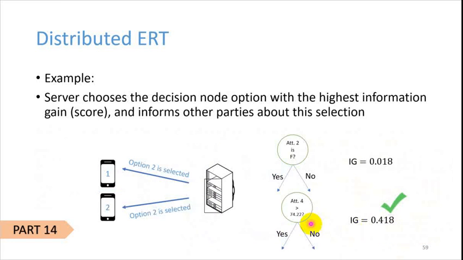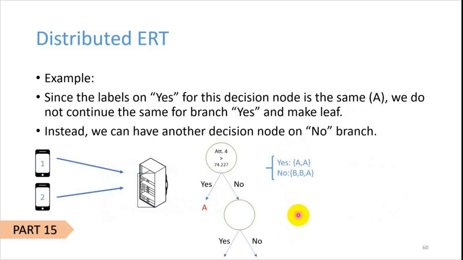Here, we choose option 2. After that, we can see that the labels in the yes branch are the same. So we do not need another decision node in the yes branch. We will put a leaf here, and the label here would be the majority, which is A.